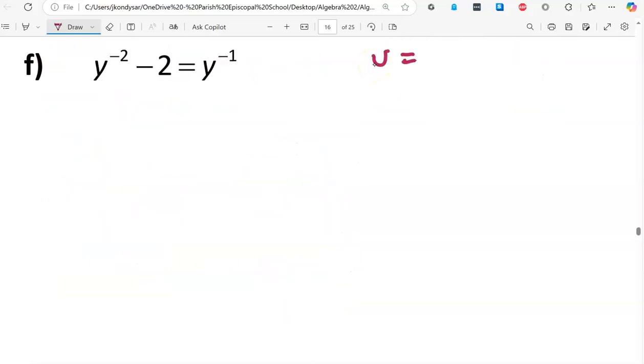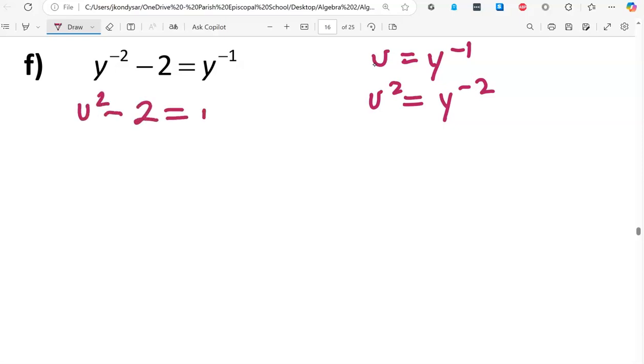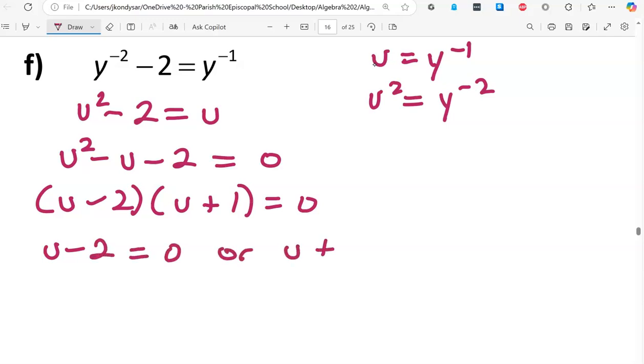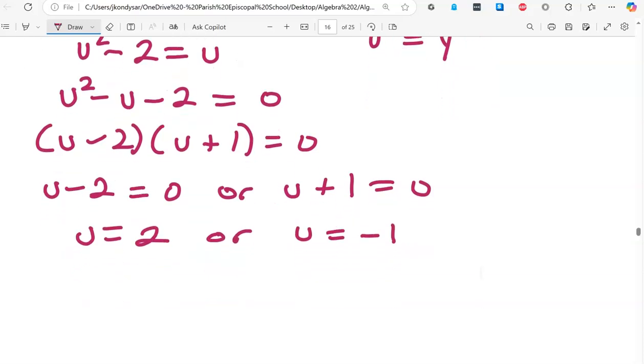F is very similar, so u is equal to y to the -1, and u squared will equal y to the -2. So we're going to get u squared minus 2 equals u when we substitute. I'm going to move the u to the left side of the equation, and then factor u minus 2 times u plus 1 is equal to 0, so u minus 2 is equal to 0, or u plus 1 is equal to 0, in which case u is equal to 2 or u equals negative 1.